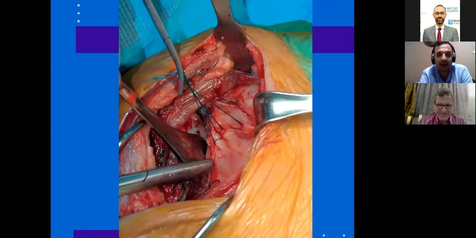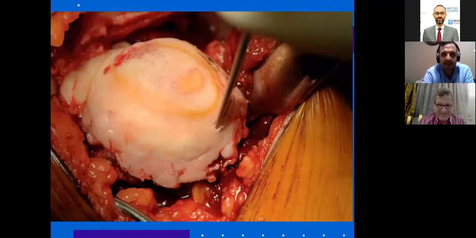Then we have to release the subscapularis, as we traditionally have limited rotation in arthritic shoulders. So we have to release, get room for the subscapularis and rotator cuff, with subperiosteal elevation of the subscapularis, resecting osteophytes, and then templating of the humeral side.